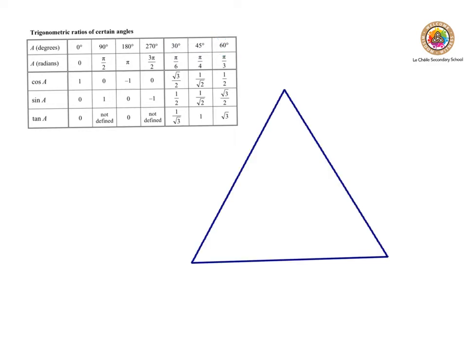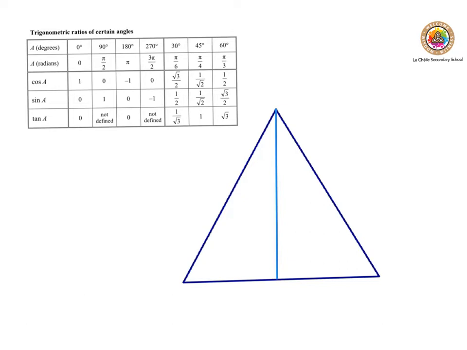Okay, so here's my equilateral triangle. Now to give me a right angle in it, I am going to draw a line from this vertex straight down here. So that would bisect this line here. Okay, so I'm just going to put in measurements into this.